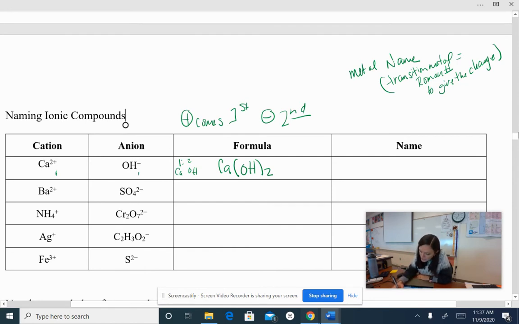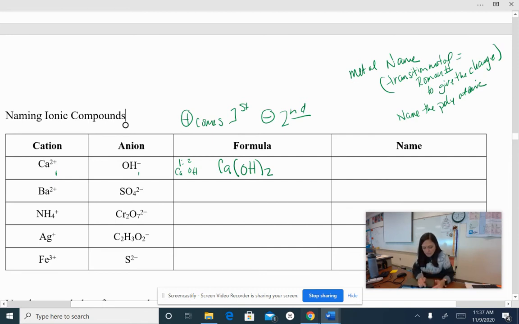And then we name the polyatomic. So we're going to have the metal name, and if it's a transition metal, we'll have to put a Roman numeral in there to give us the charge, and then we just name the polyatomic.